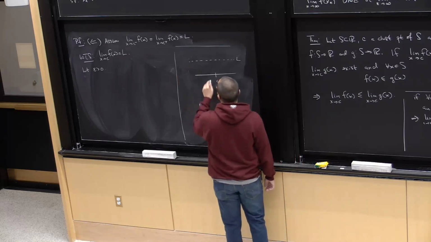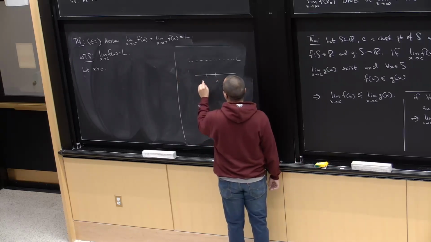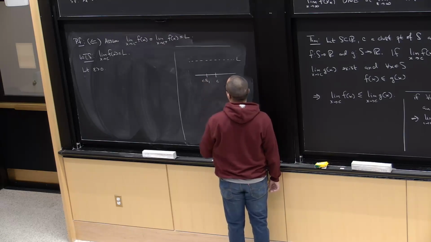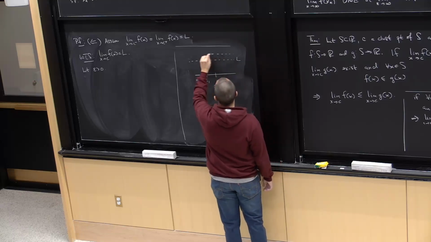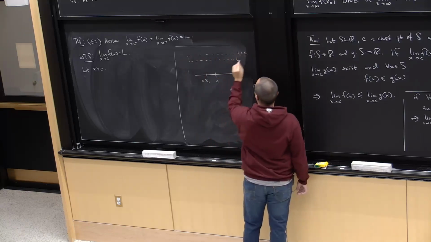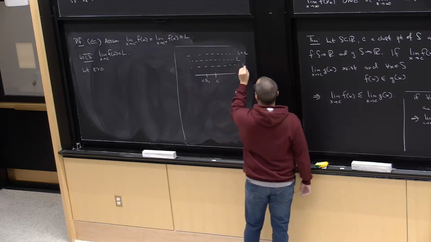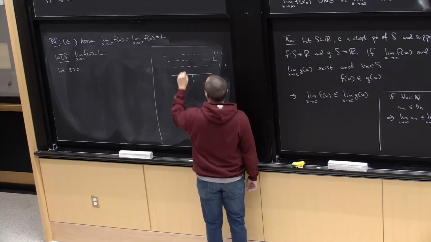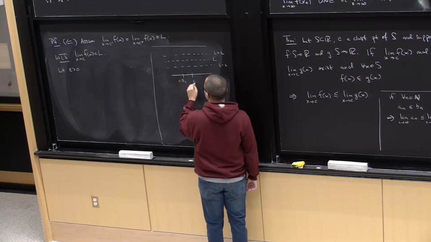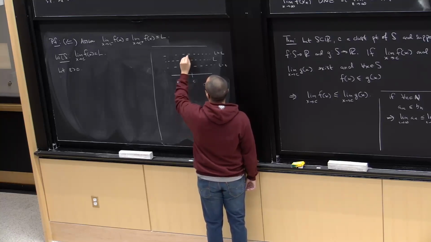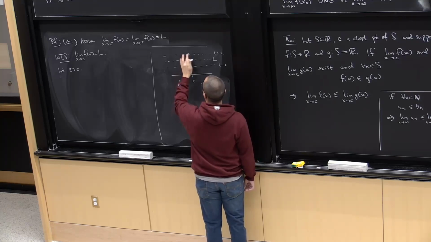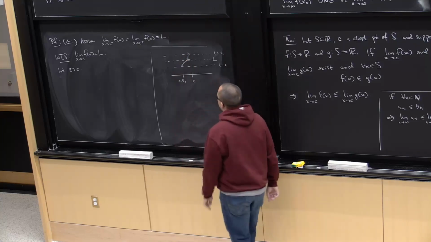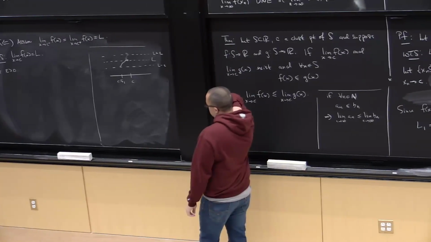Assuming these two limits equal L, I know that there exists a delta 1, so that if I'm in this interval, and here's L plus epsilon, L minus epsilon, then if I'm within delta 1 to C and to the left, then f will be close to L in that interval.